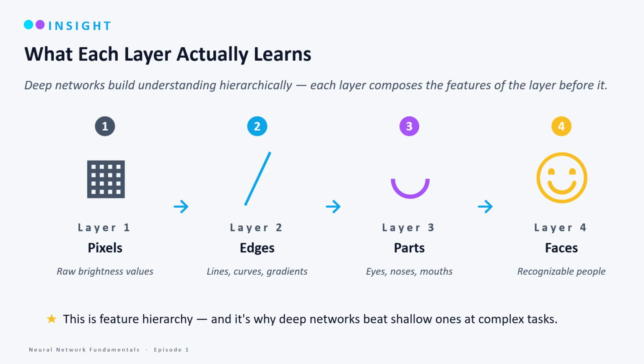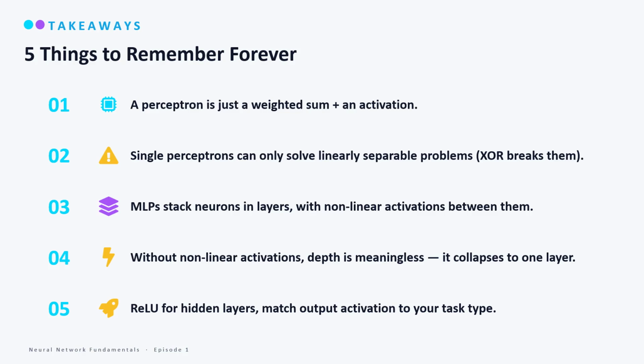Layer 3 combines edges into parts, eyes, noses, and mouths. Layer 4 combines parts into whole faces. Nobody programmed it to do this. The network figured it out on its own. This is called feature hierarchy, and it is the secret reason deep networks crush shallow ones at hard problems.